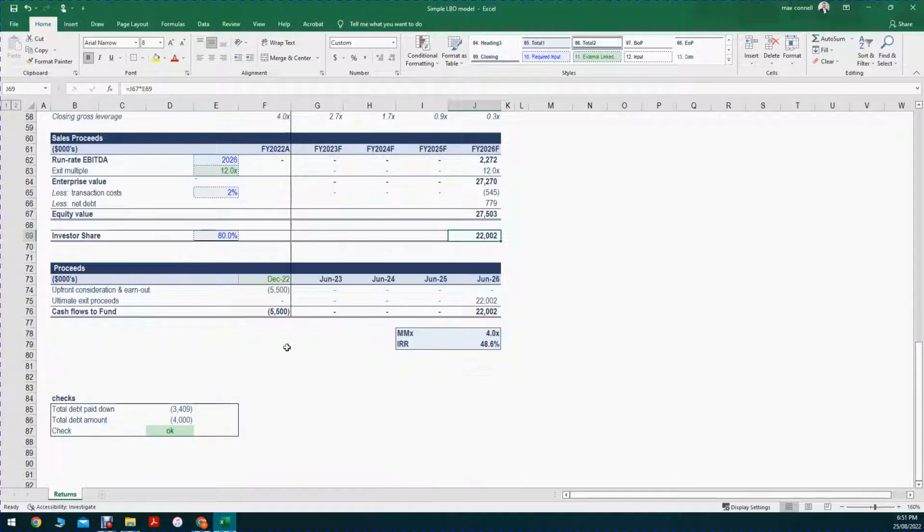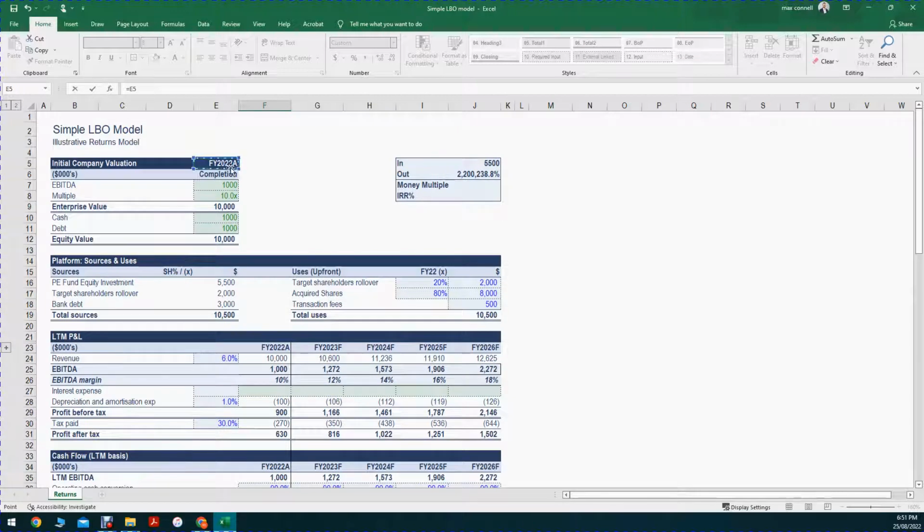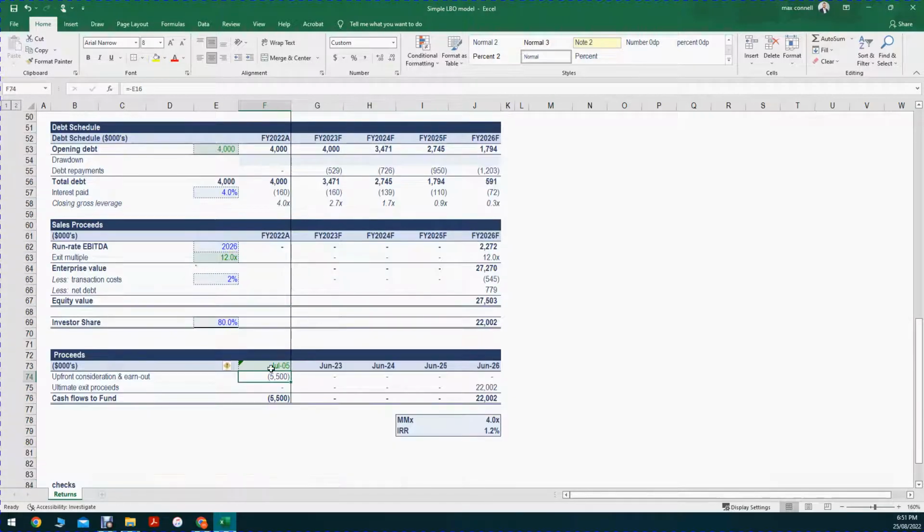So essentially, if we run the numbers again, we've essentially put in 5.5 million in year one, and by 4 years later, we've come out with $22 million. So we've essentially made 4 times our money at an IRR.